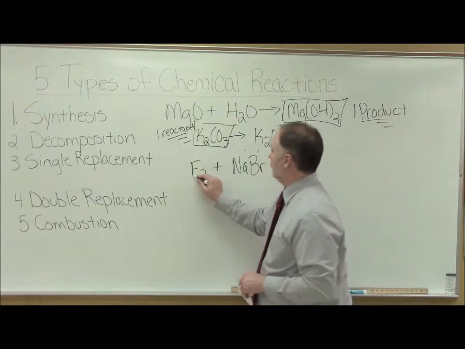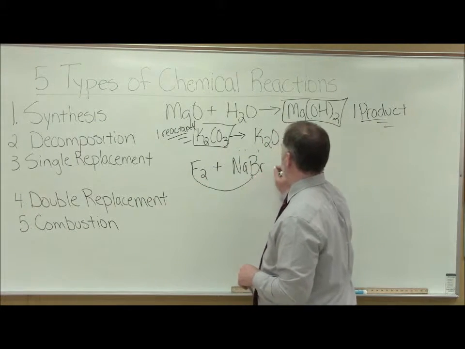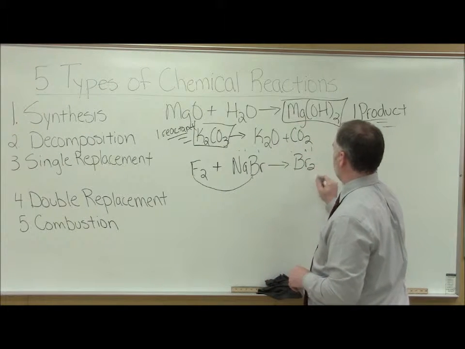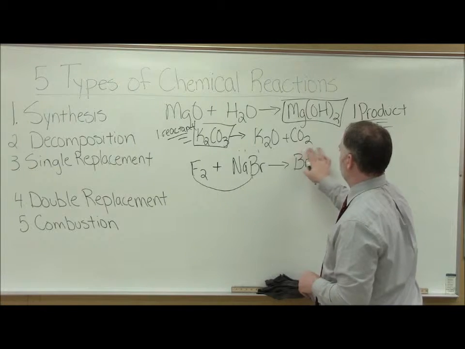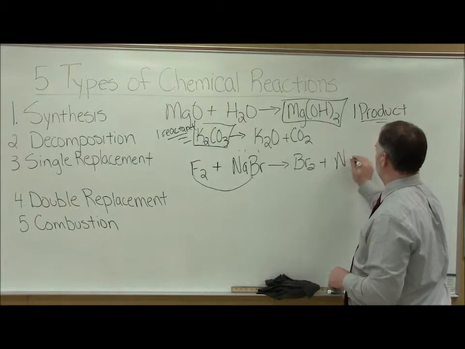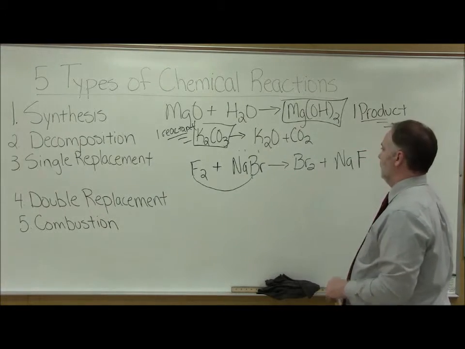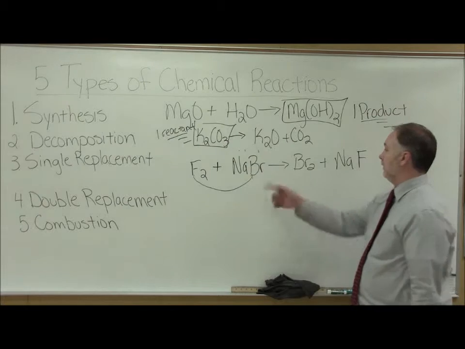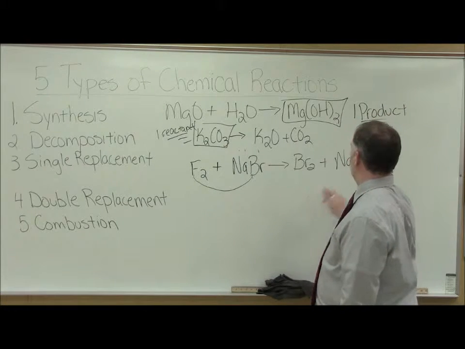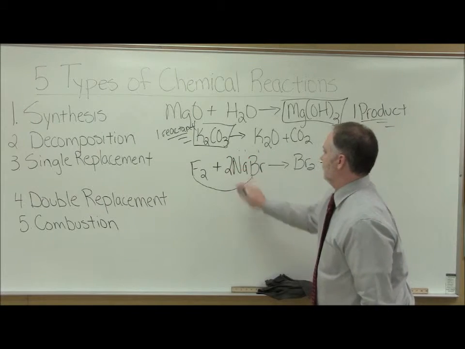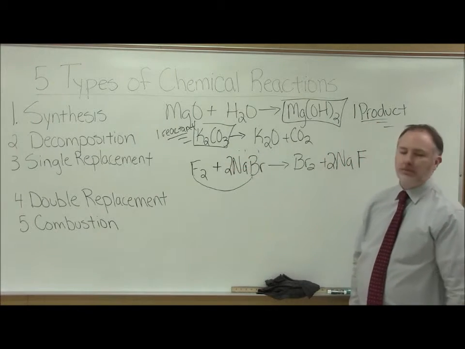So in this case, it's going to replace the bromine. The bromine's going to be by itself as Br2. Now this is the first equation I've written that isn't balanced, so we can balance it real quick. I need 2 here and 2 there, and then that will be balanced.